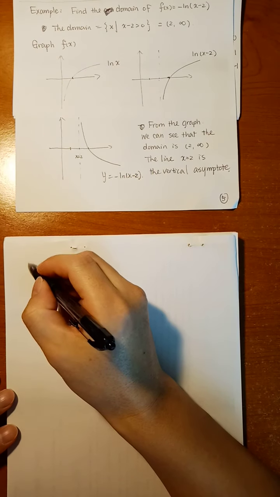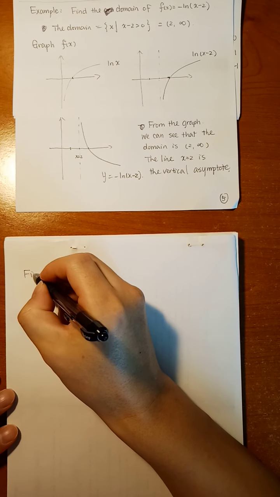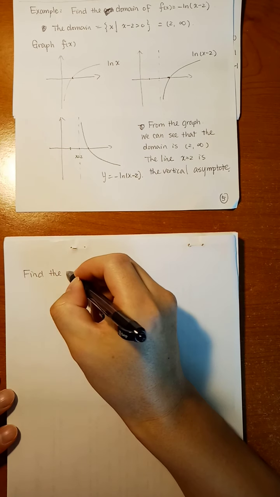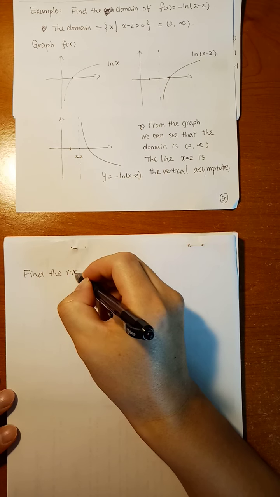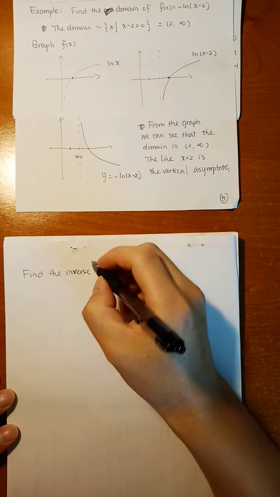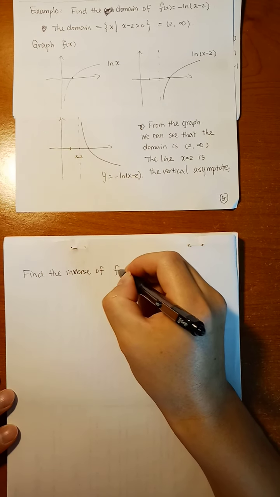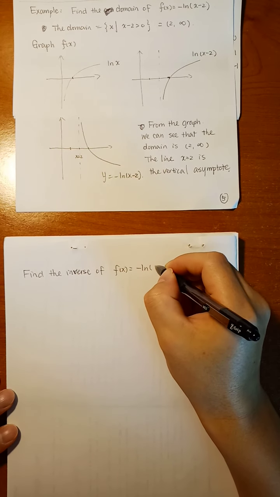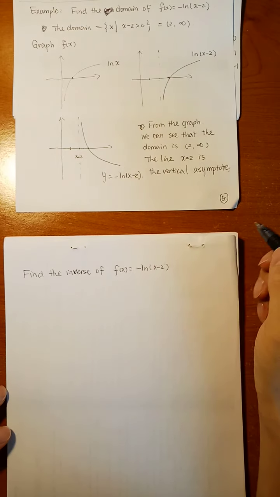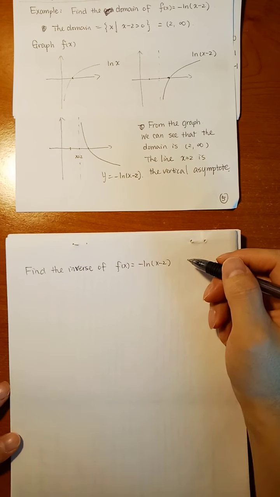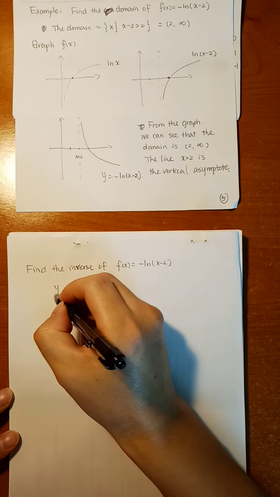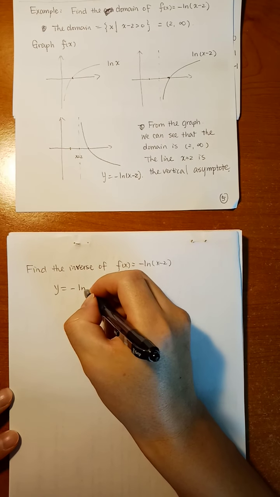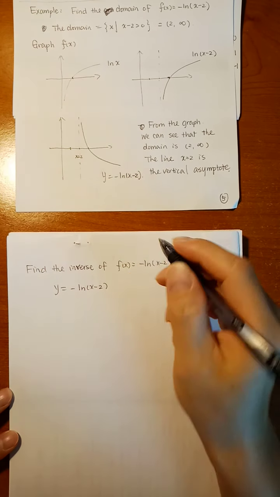Next, find the inverse of f, the same thing: negative ln of x minus 2. How do we find the inverse? Do you still remember it? We first put y equal to negative ln of x minus 2. This is the first step.